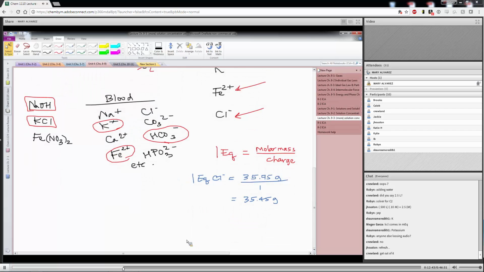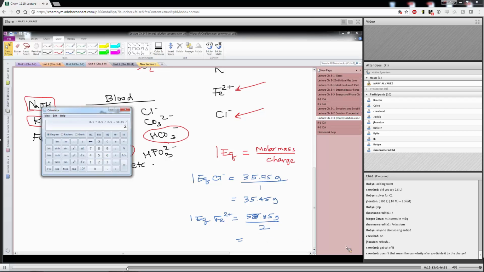If we did this with iron 2+, we would find that one equivalent of iron 2+ is the mass of iron, which is 55.85 grams, divided by 2.